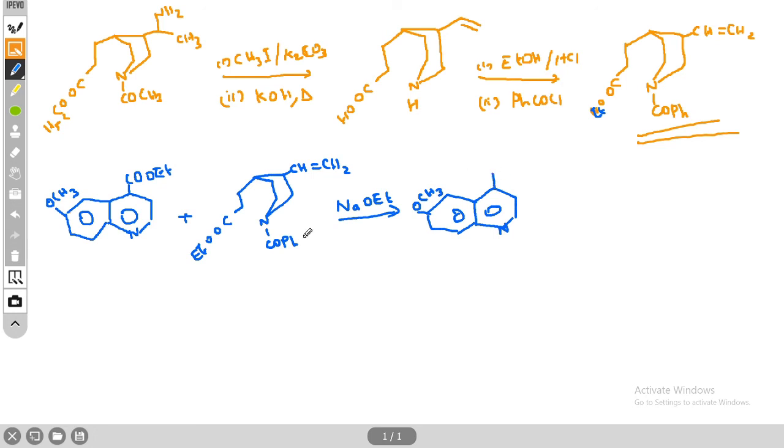Then here the product of condensation, a C=O group, is formed. Then here is the point of attachment. That is, the CH2 group of this will attack at this carbonyl carbon. Then the OEt group is eliminated. That is actually what is happening.